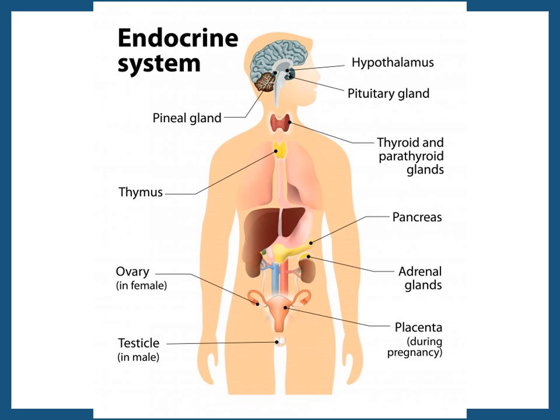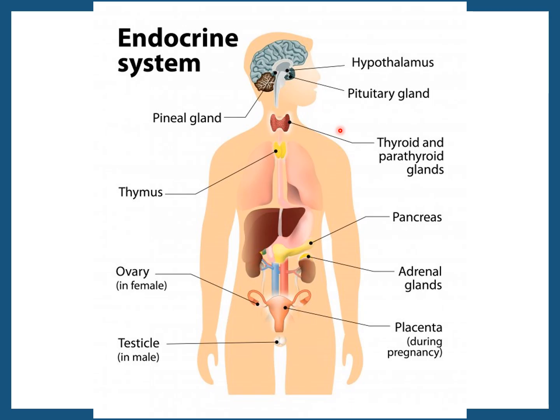This is a nice diagram that shows you the location of each of our endocrine system glands. Up in the brain, we have the hypothalamus and the pituitary gland, and there is also the pineal gland. Today, we are going to talk about the hypothalamus and the pituitary gland.